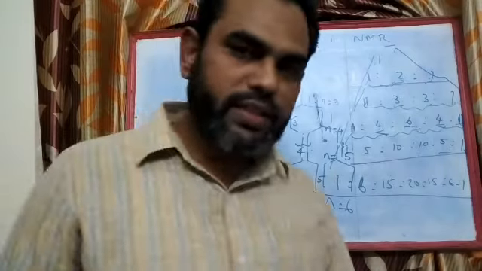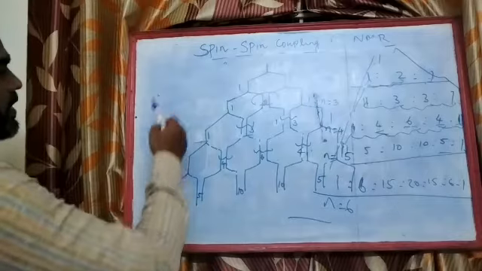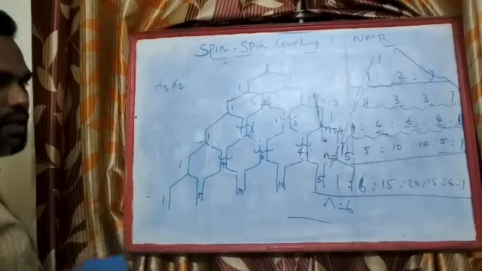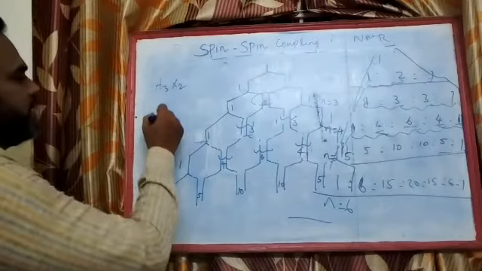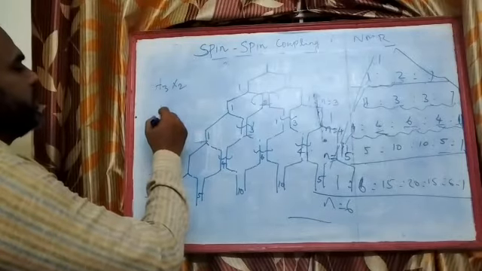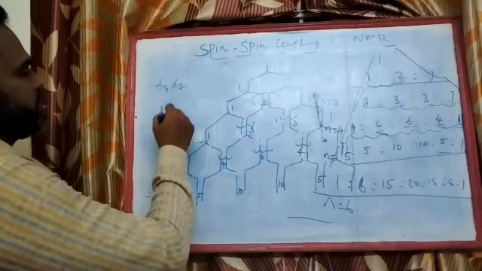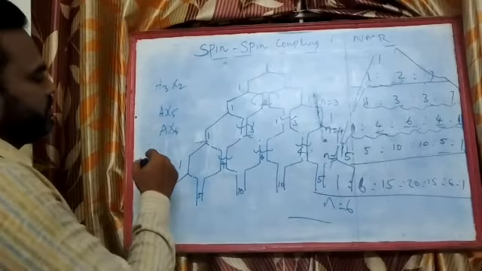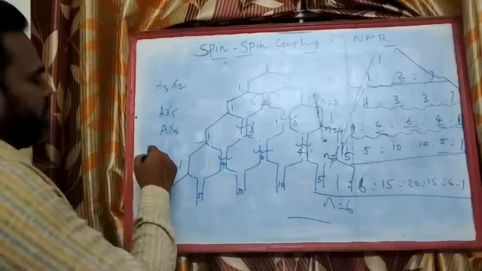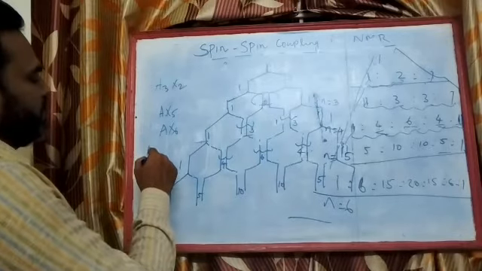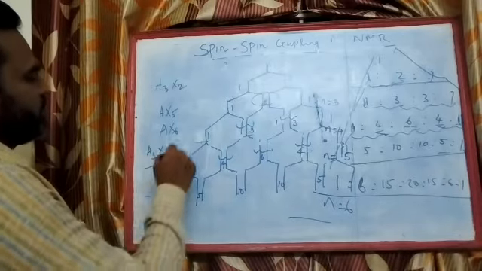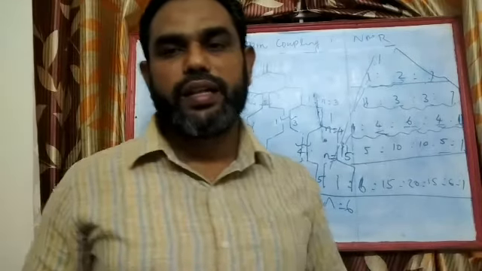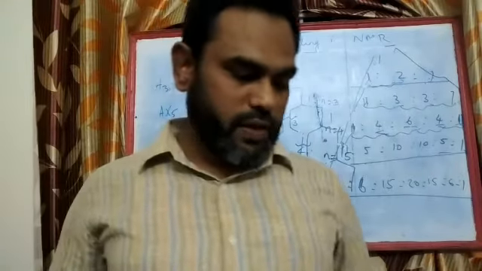So we have seen the A3X2 system, and similarly you can find it for the AX5 system, the AX6 system, the A3X6 system. For any system you can find the number of splittings and the intensities of the spectral lines.